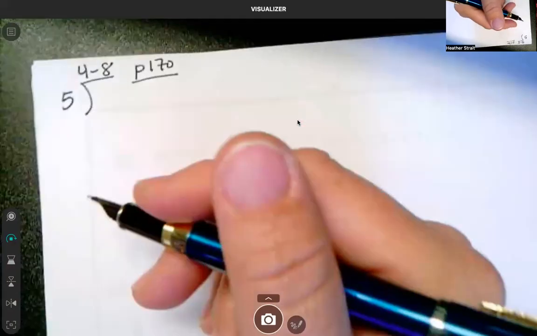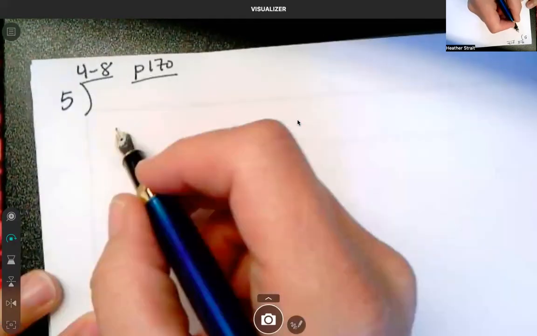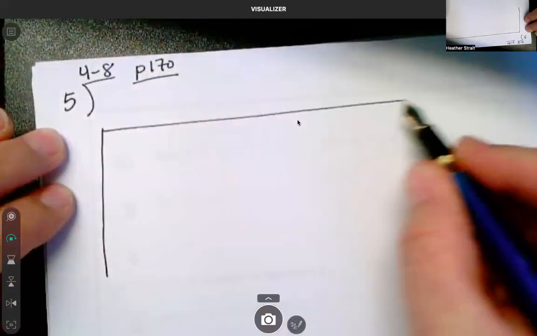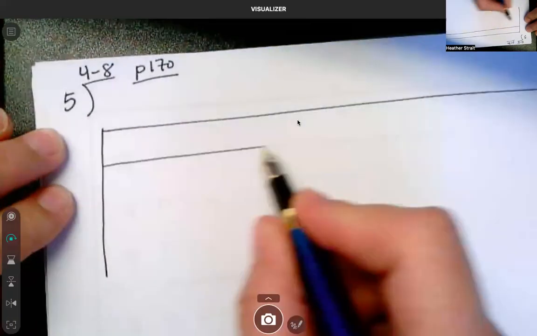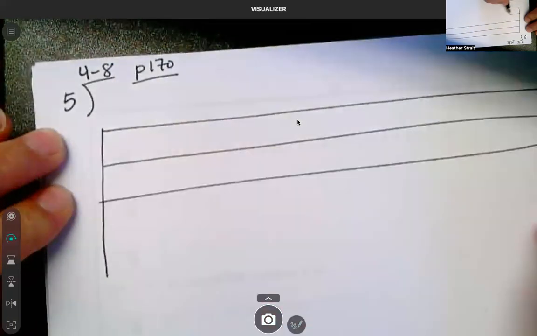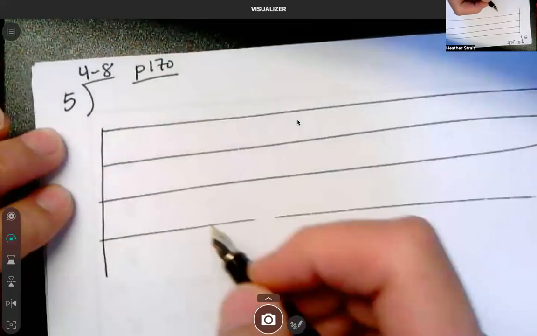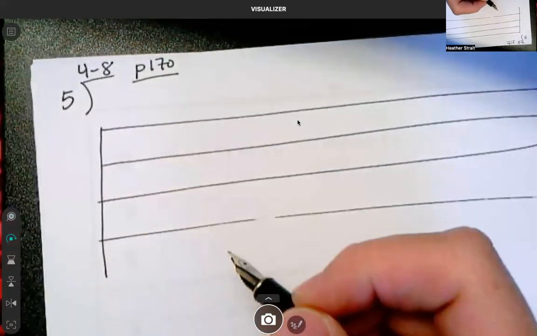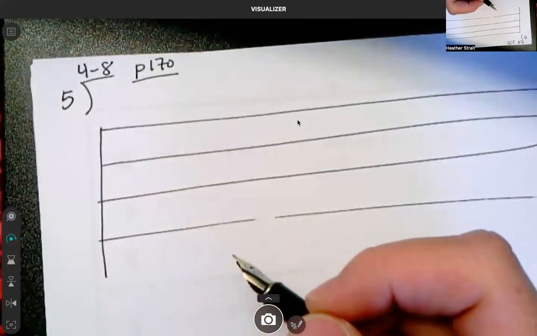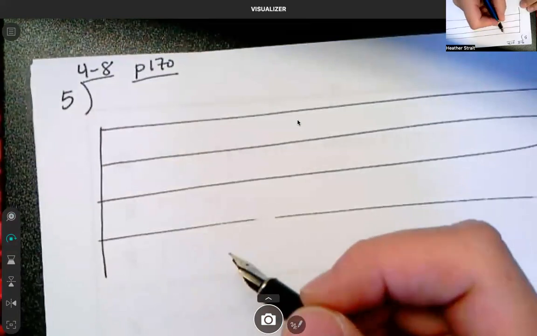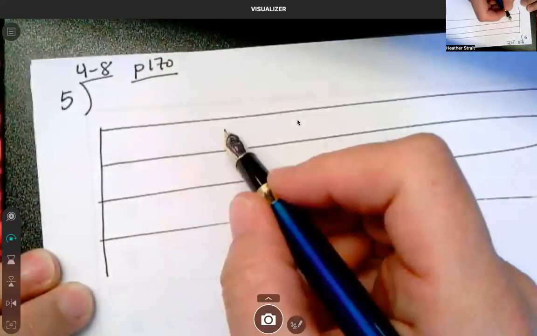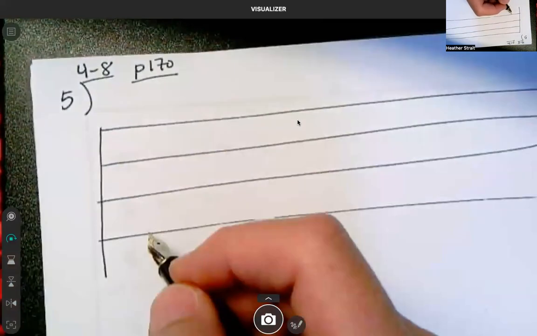Okay. 2 jets. Okay, I know I'm gonna need to make a chart. Like first jet, second jet. Yep, exactly. Or, well, it might be east jet, west jet, or whatever. Late jet, early jet. Okay. So 2 jets leave Denver.